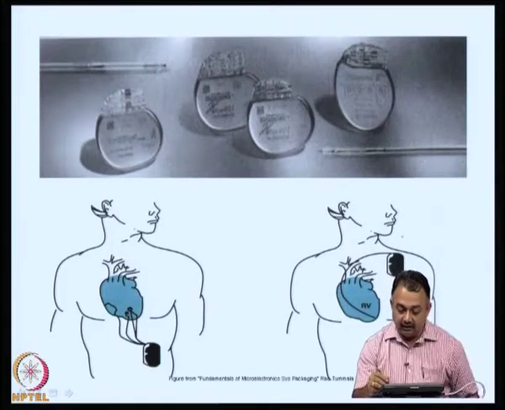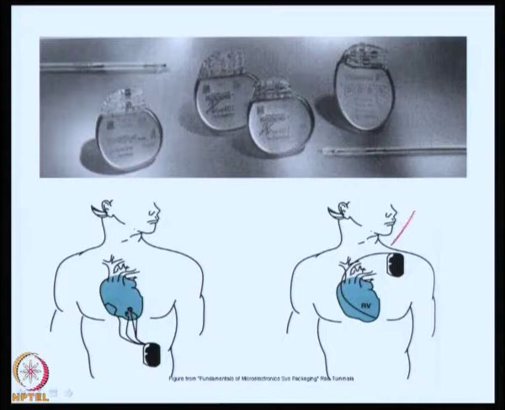These are devices that are implanted into the human system close to the location where it needs to be monitored, like your heart. So, the surgeon decides where to implant it depending on the size of the system and the nature of the disease.